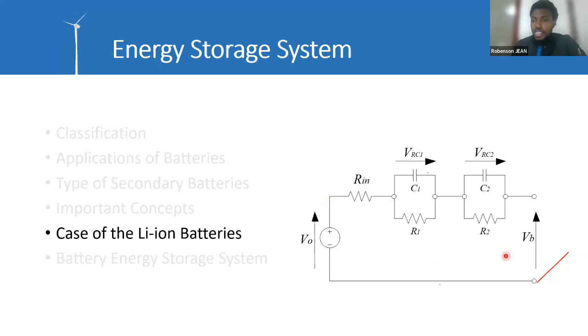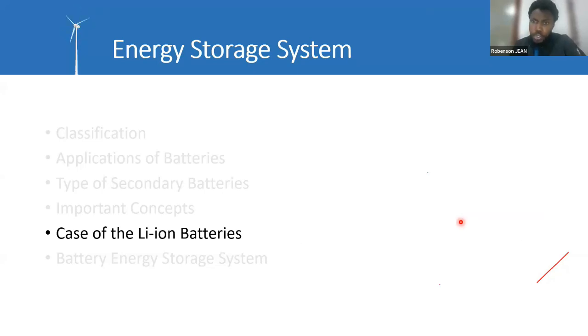Electrically, this is how it looks. This is the Thevenin equivalent model of a battery. We can see the expression of the current of the battery, and we can use this current in order to determine the state of charge of the battery, knowing the state of charge at an initial time, T0, the efficiency of the battery, and the overall capacity of the battery.